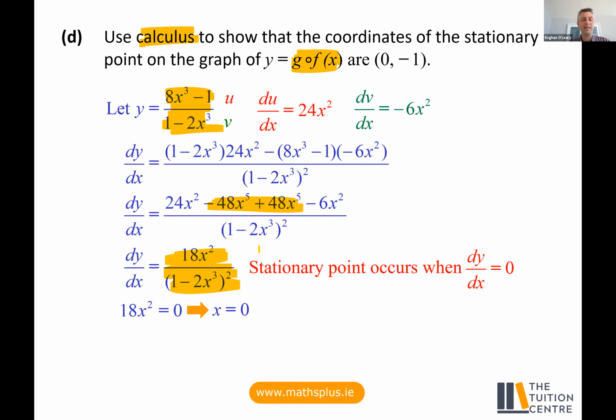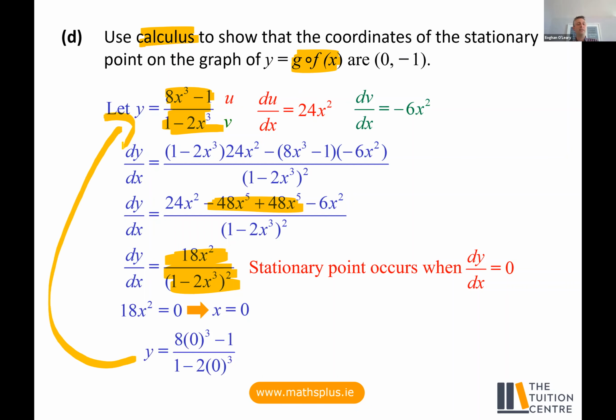Divide both sides by 18, I get x squared equals 0. So x is going to be 0. Then I go back up here, put in my 0 for x, and I end up with a y value, which is minus 1. And that was a 10 marker. So again, it looks like a complicated question, but overall, possibly not as hard as it looks.